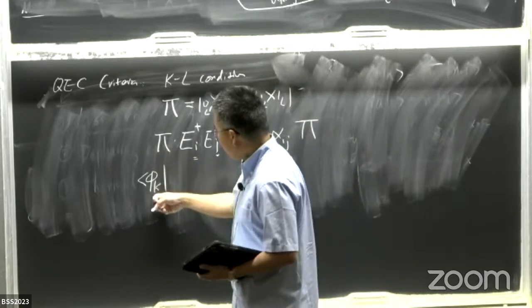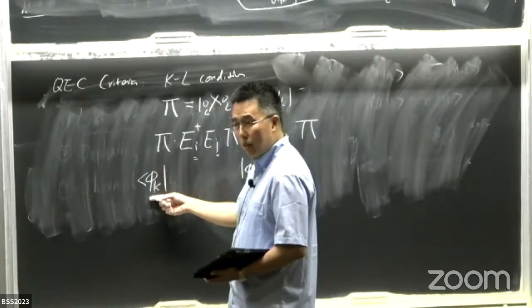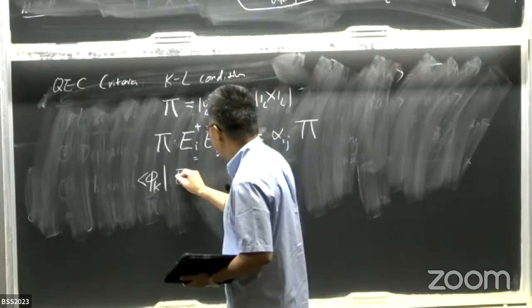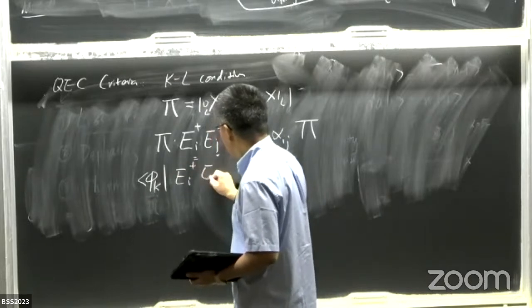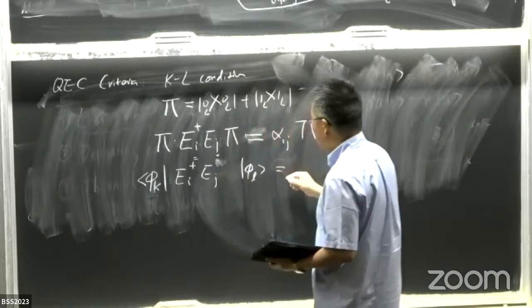And the projection acting on these psi_k, psi_l is trivial because these are already in the code space. So I will write it as <psi_k| E_i† E_j |psi_l>. So sandwich this expression by psi_k, psi_l from both sides. This will be equal to alpha_ij.